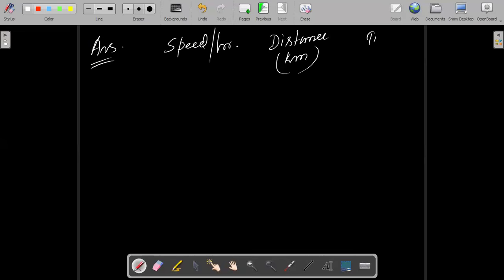Another one is the time in hour, right? Let me write it this way. When all the units are written below this, the speed is given in kilometer per hour format.